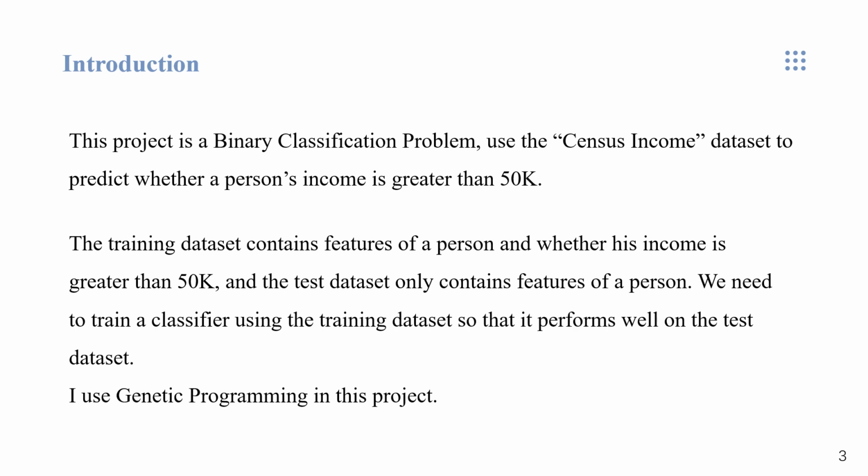And the test dataset only contains features of a person. We need to train a classifier using the training dataset so that it performs well on the test dataset. I use genetic programming in this project.